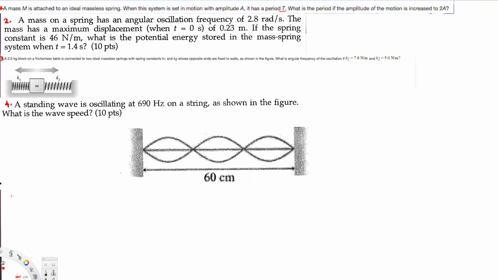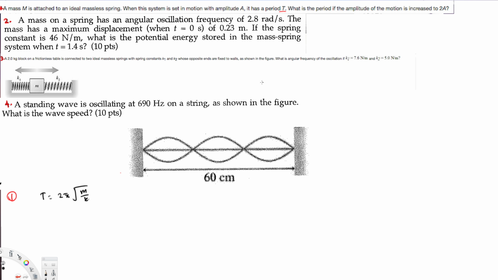So let's see. Let's write the equation for the period first. Period is equal to 2π square root of m over k, right? So we have mass and spring constant and this 2π, but the period does not depend on the amplitude, right?